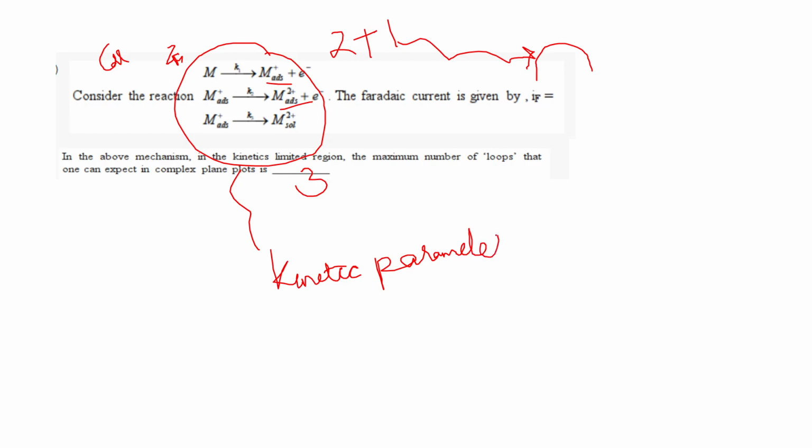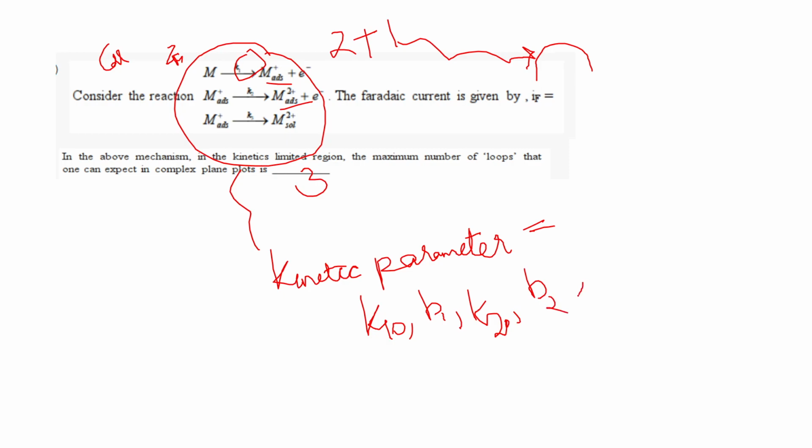How many kinetic parameters do you need to find out when you are trying to solve this model, when you optimize it? You will have one K1, right? Because it is an electrochemical step, you will have K1 0 and you will also have B1, right? Now see the next step, it's also an electrochemical step. So you have K2 0 and you have B2.